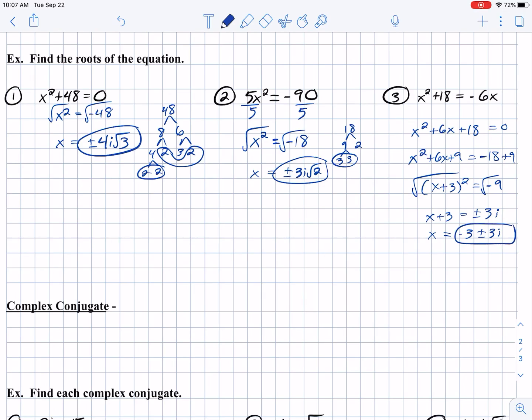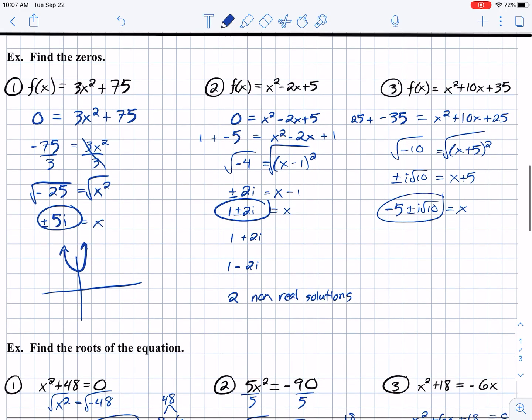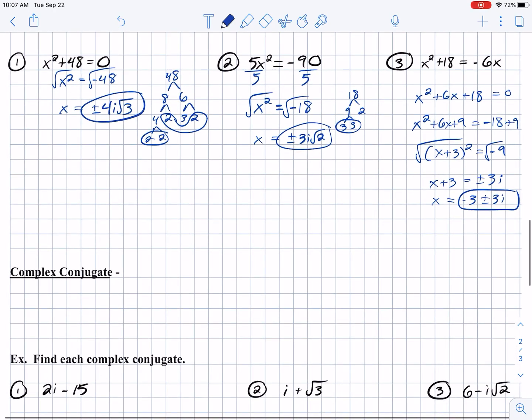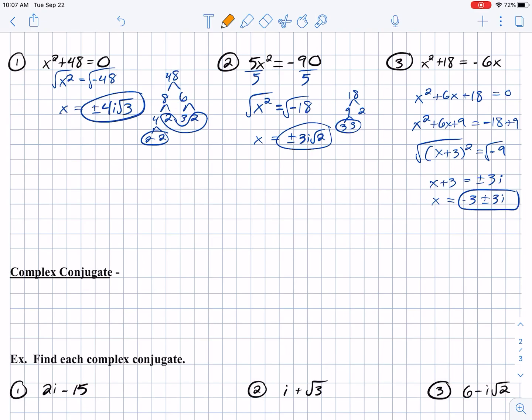So hopefully you noticed on every single example here of finding the roots, finding the zeros, whenever they were non-real roots, you were always going to have two solutions because of this plus or minus. And that's what a complex conjugate is. It's when the real parts of a complex number are equal, okay?